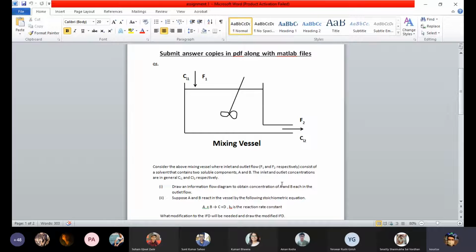Many times things will not be explicitly told to you. But one thing can be easily understood, that these are liquid mixed streams entering. So height, of course, will be a state variable which we have to consider.